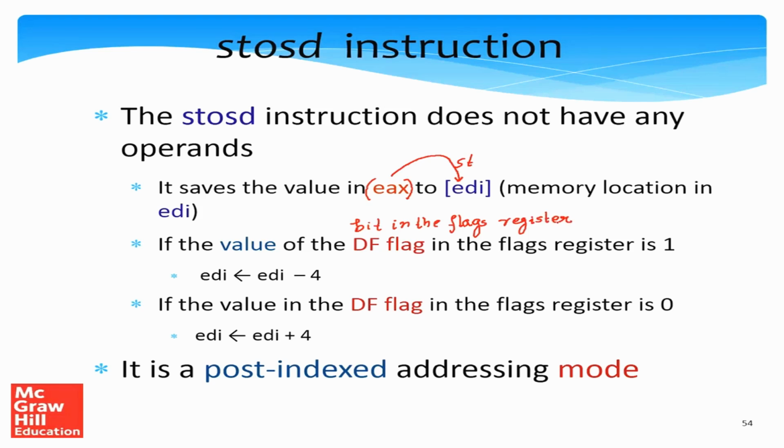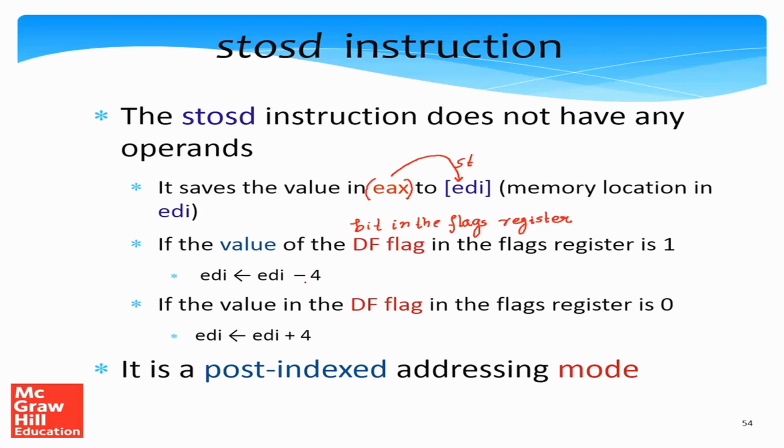If the value of the DF bit in the flags register is set to 1, what the STOSD instruction subsequently does is that it will subtract 4 from the EDI register, because we are considering a 32-bit instruction set. If the value in the DF flag is 0, instead of subtracting 4, it will add 4 to the EDI register.